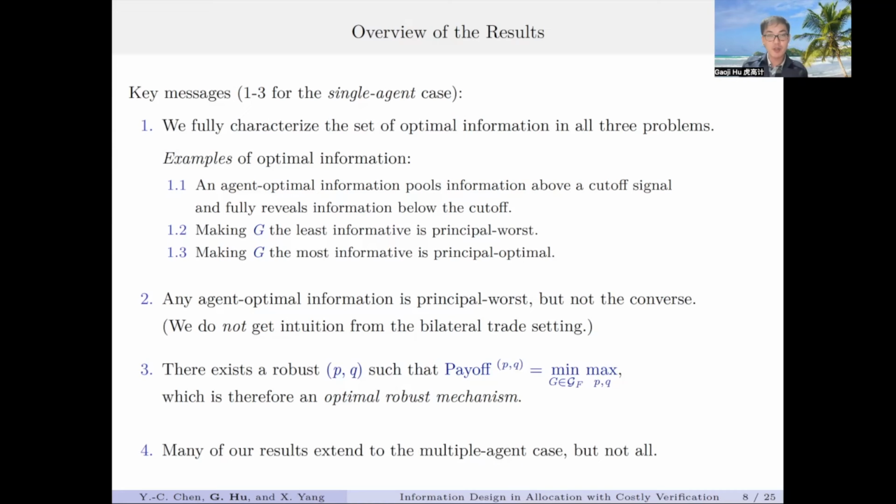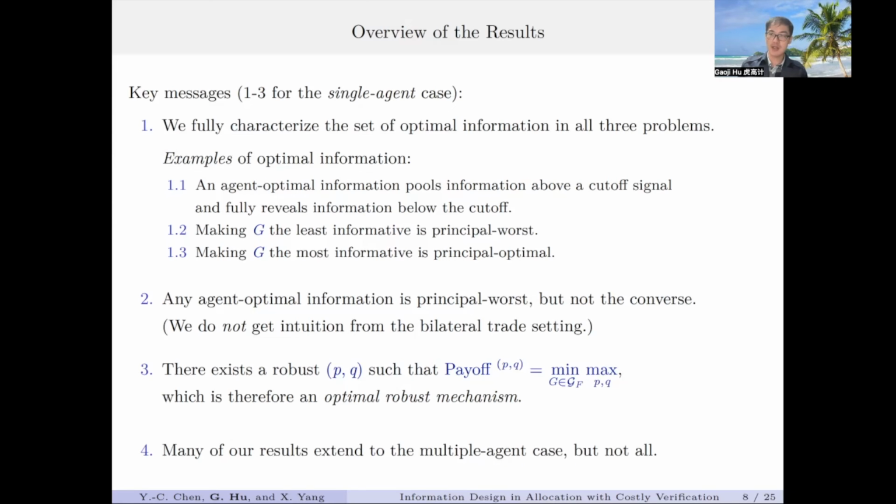Here is an overview of the results. So first of all, we can fully characterize the set of optimal information in all three information design problems. Okay. Here are some concrete examples of optimal information. For the agent optimal one, a solution actually pools information above a cutoff signal and fully reveals information below that cutoff. Okay.